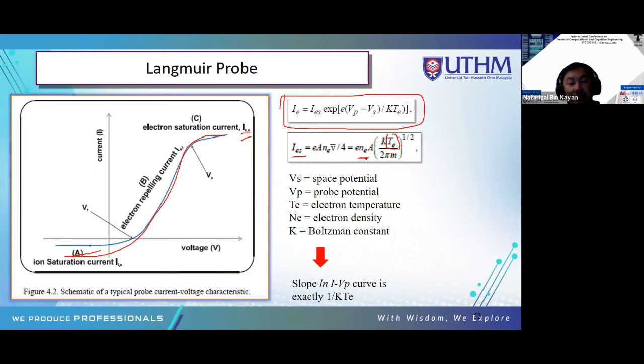So what I'm trying to say is that by having this curve and these equations, we can evaluate the electron temperature and the electron density. That's how we can understand the property or the diagnostic of the plasma. We can also understand the ion density from the ion saturation current here.